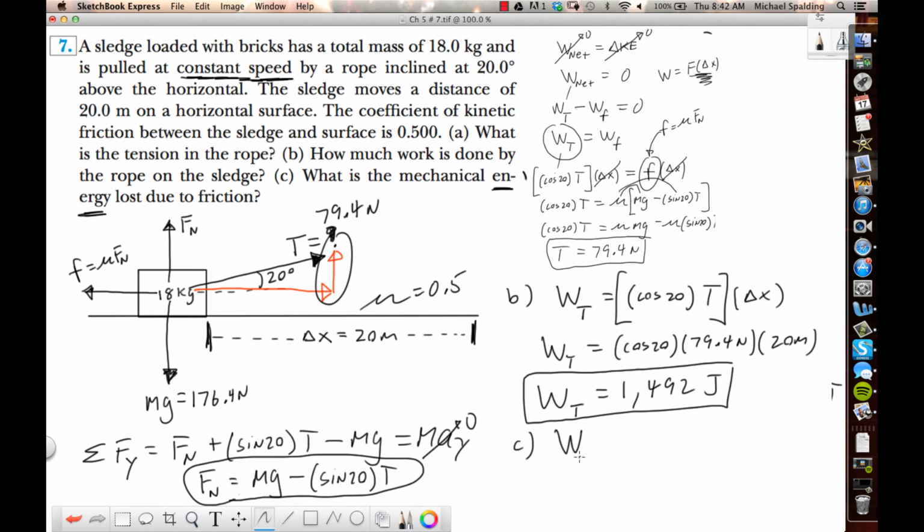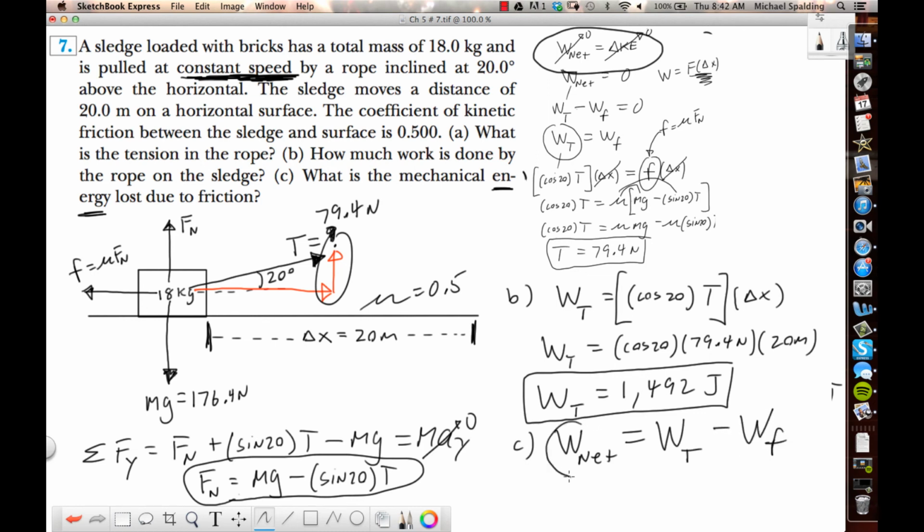What is the net work? The net work is equal to what? So this object is moving at constant speed. So what does that tell us about the total work done? Up here, look, work net equals change of kinetic. If the object moves at a constant speed, what's the change of kinetic? 0. So what's the net work? 0. So the net work is going to be work of tension minus the work of friction.